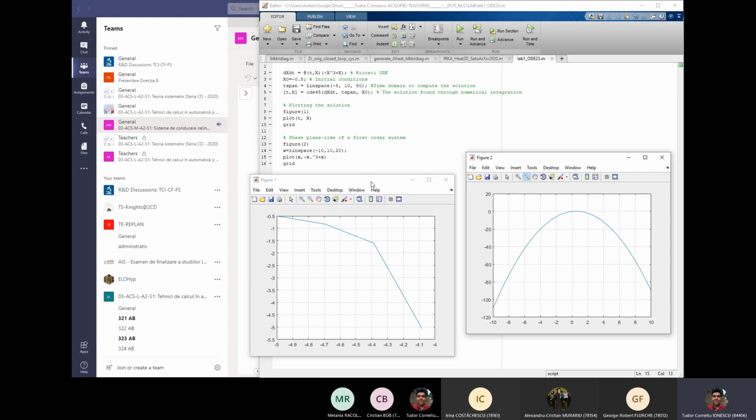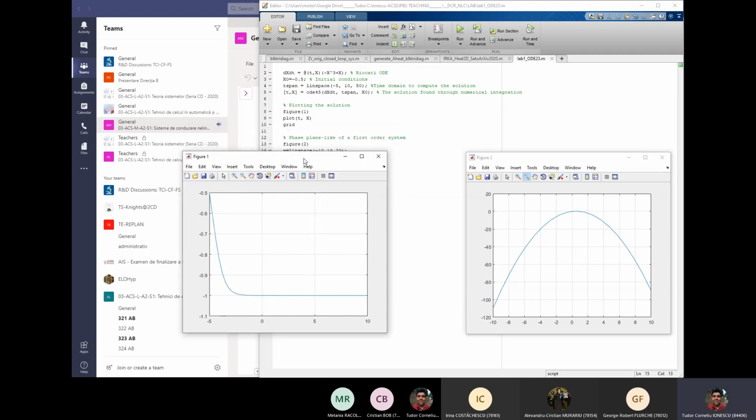Now you can see here, when we are starting from a negative initial condition, the trajectory goes to -1.